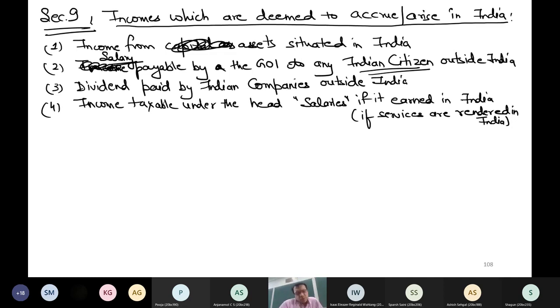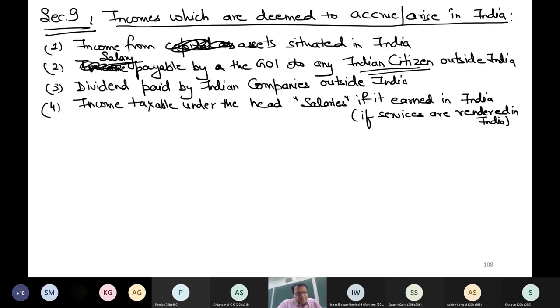Now these four are the common points: income from assets situated in India, salary payable by the Government of India to any Indian citizen outside India, dividend paid by Indian companies outside India, and income taxable under the head salary. So the second and fourth points are basically salary income if it is earned in India, if services are rendered in India.